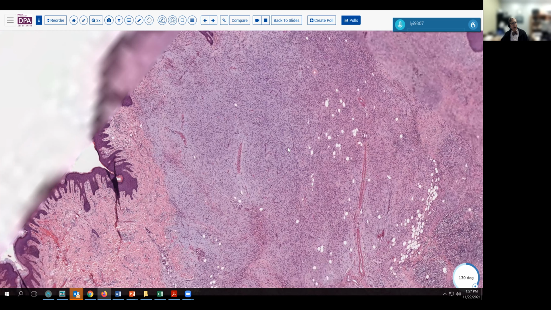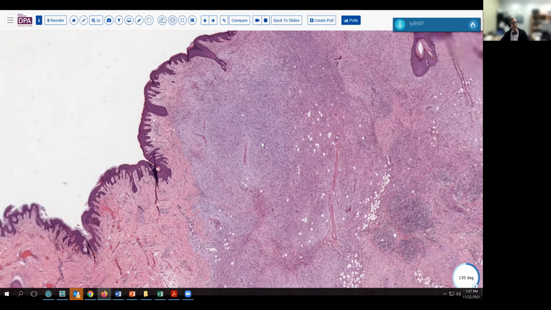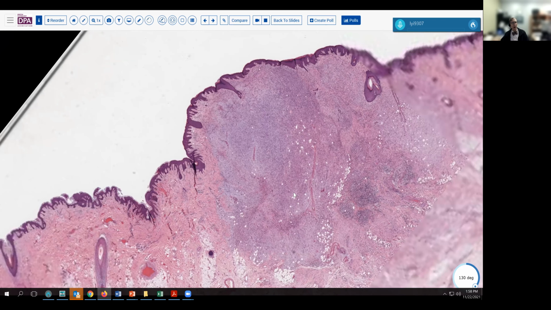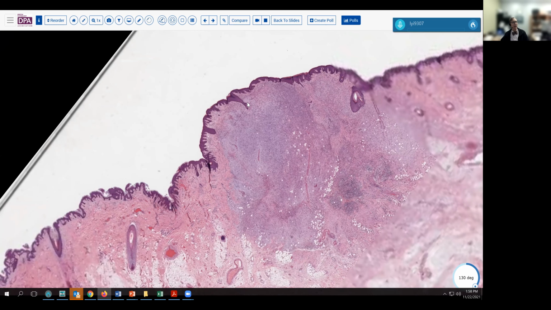Now, they don't have a high metastatic rate. They generally are controlled with complete excision, but you don't want to mistake them for a dermatofibroma and leave it to grow and become bulky and potentially problematic on the local level.